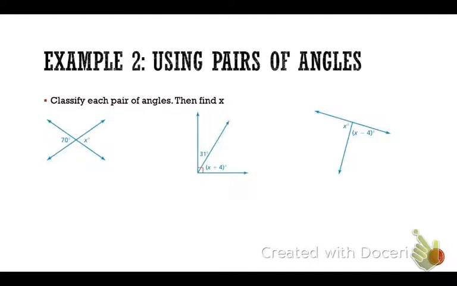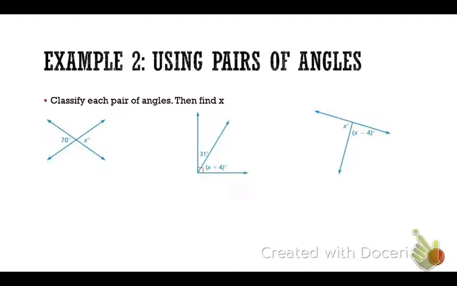All right, so what do you notice about 70 and x? What do you guys notice about 70 and x? Just tell me. What do y'all notice about them? They're the same. They're opposite each other, which means they are vertical. They're vertical. All right, look back in your notes. What did we say about vertical angles?